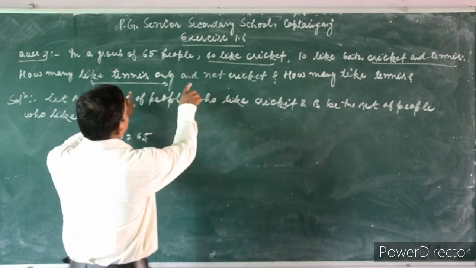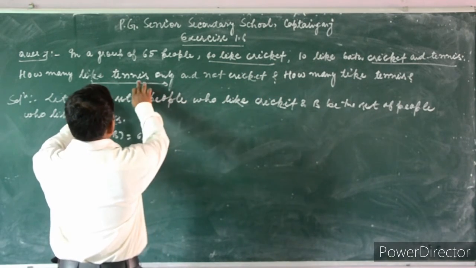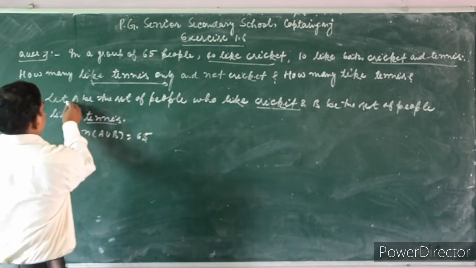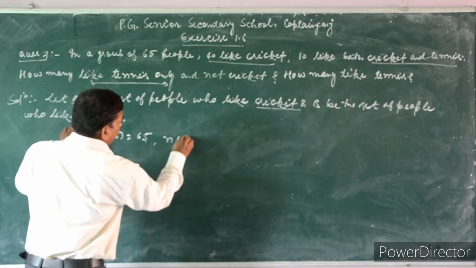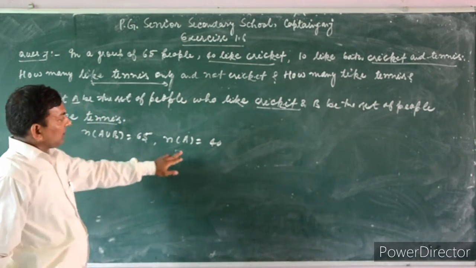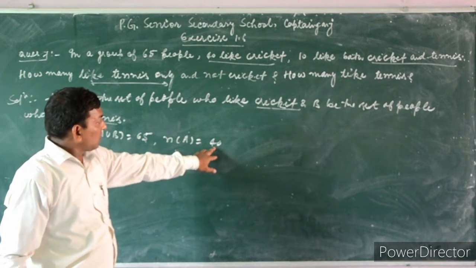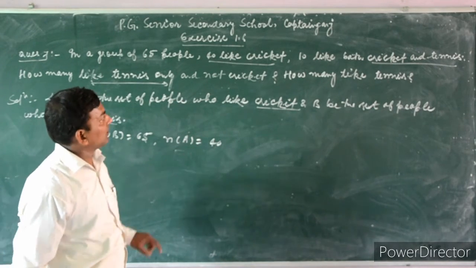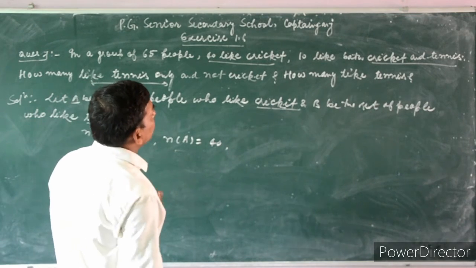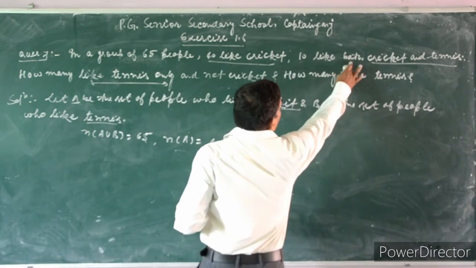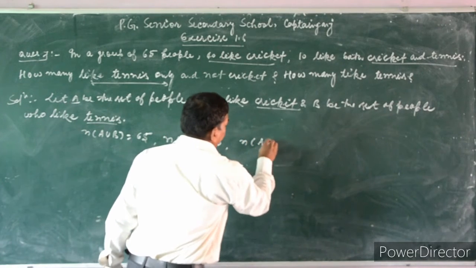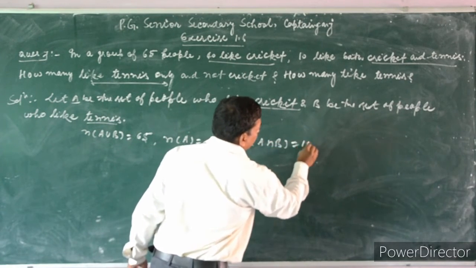Cricket is represented by set A, so the cardinal number of A equals 40. Ten like both cricket and tennis. This means the cardinal number of A intersection B equals 10.